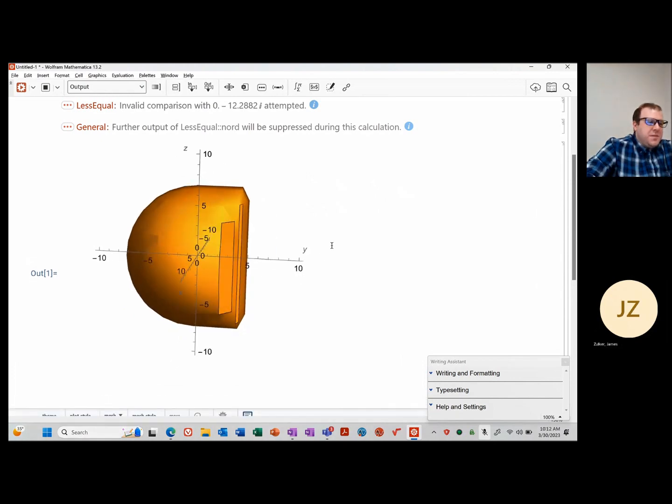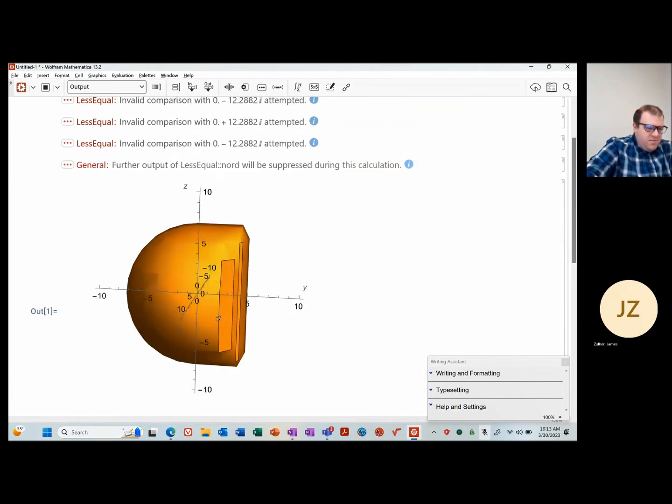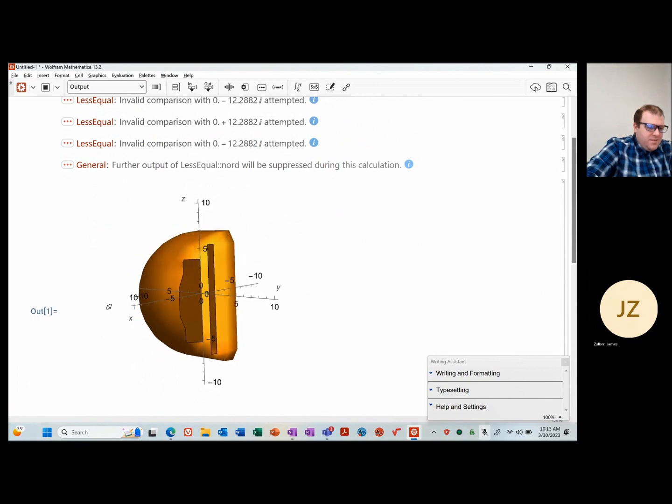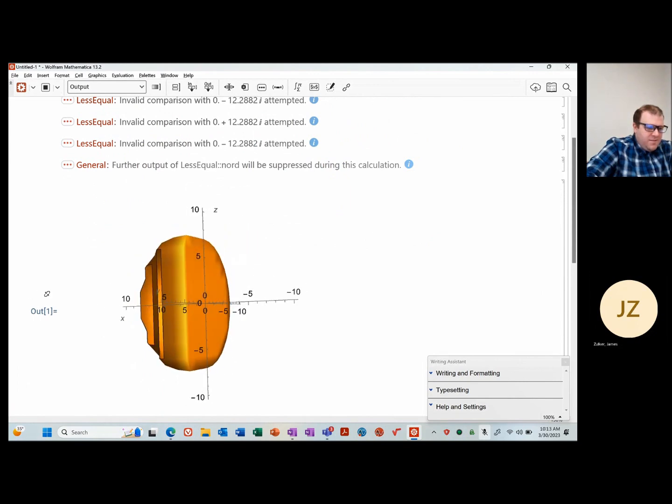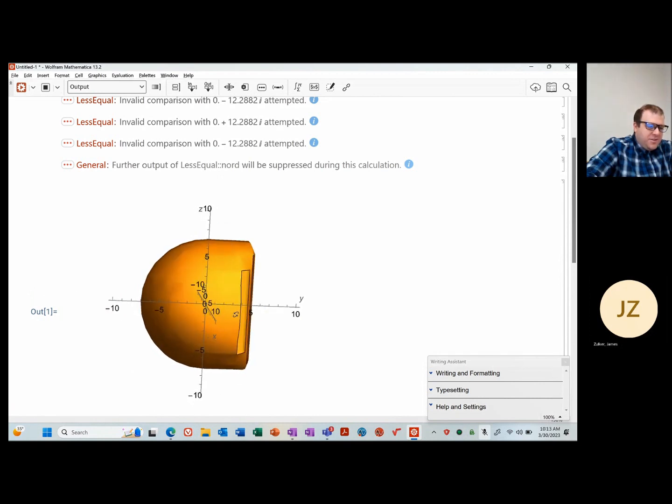Well, that didn't turn out as expected. Oh, that's interesting. Oh, okay, those are just holes. I don't know why they're there.